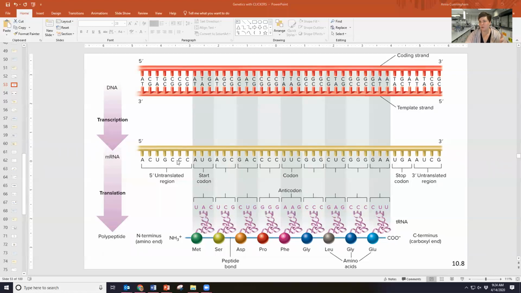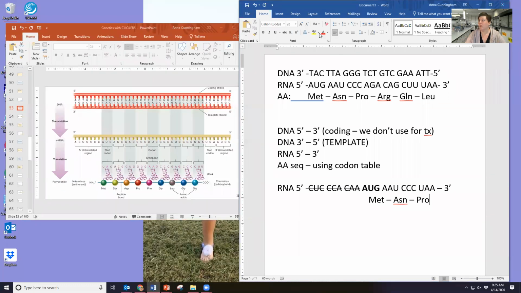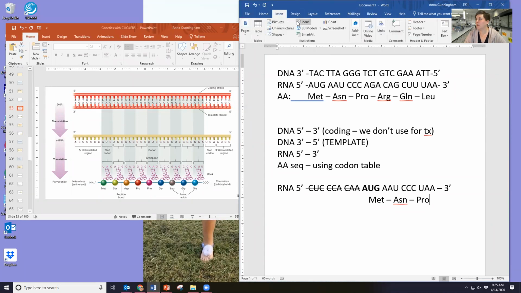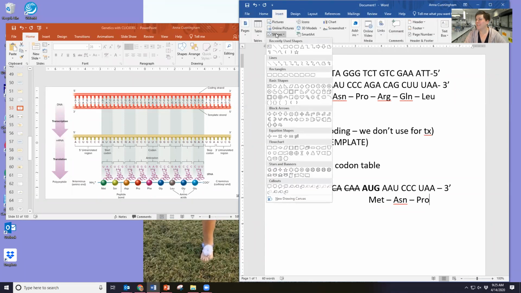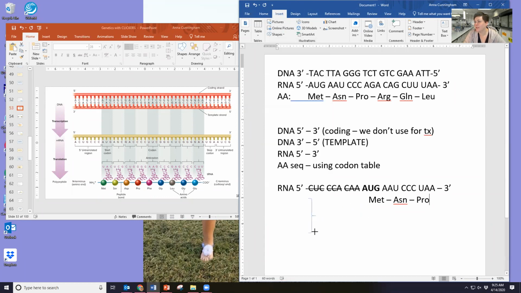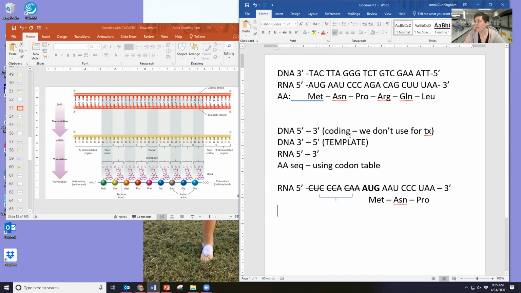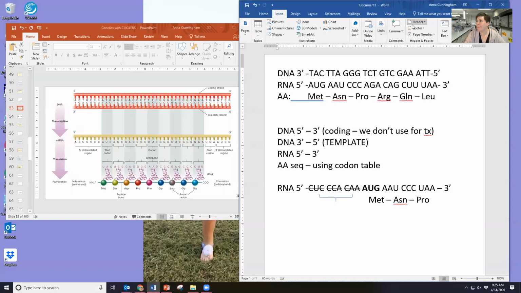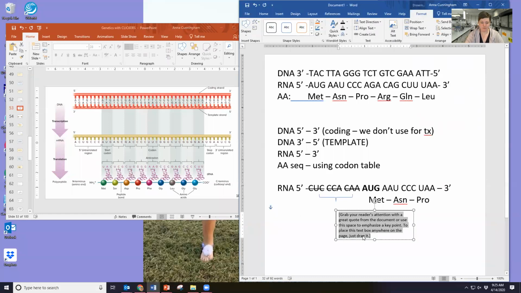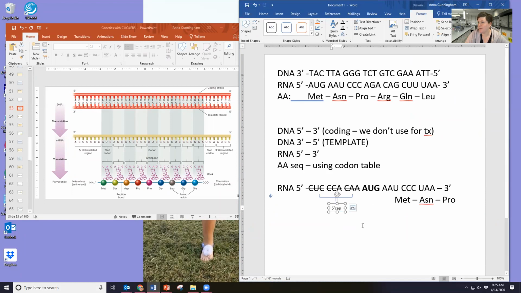So you do not start translation until you get to that start codon. It's an excellent question.